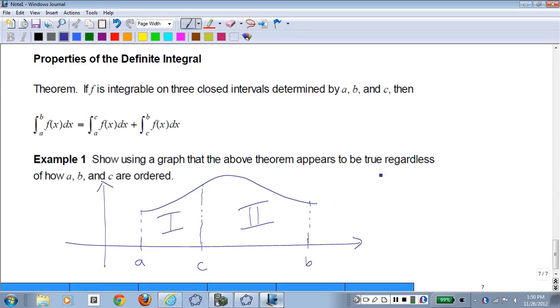If we write the integral from a to b of f of x dx equals the integral from a to c of f of x dx plus the integral from c to b of f of x dx, does this look like it ought to be true?